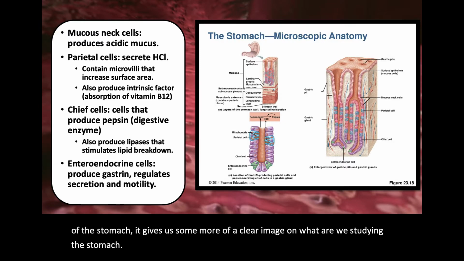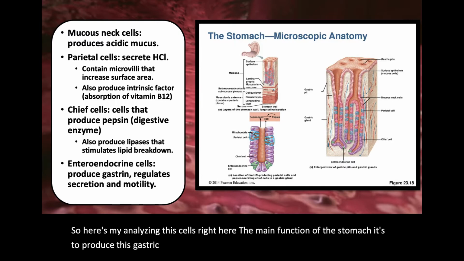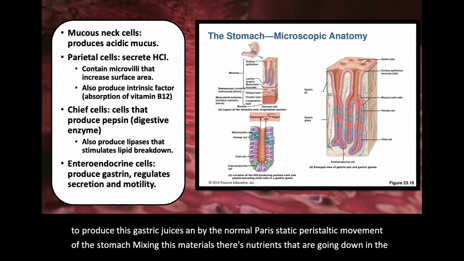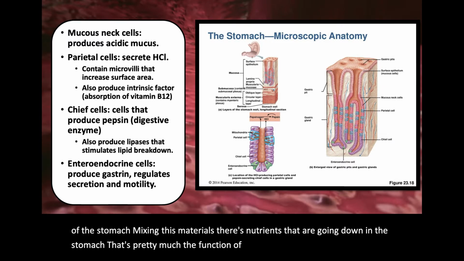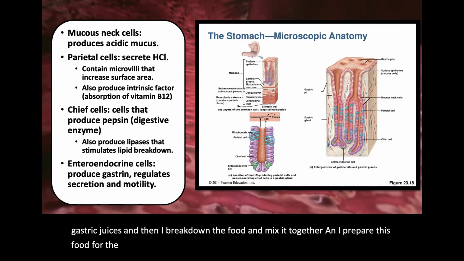Just by analyzing these cells, the main function of the stomach is to produce gastric juices, and, by the normal peristaltic movement of the stomach, to mix these materials, these nutrients that are going down into the stomach. That's pretty much the function of the stomach. I make the gastric juices, and then I break down the food, I mix it together, and I prepare this food for the next step, which will later be the absorption of all of these materials.